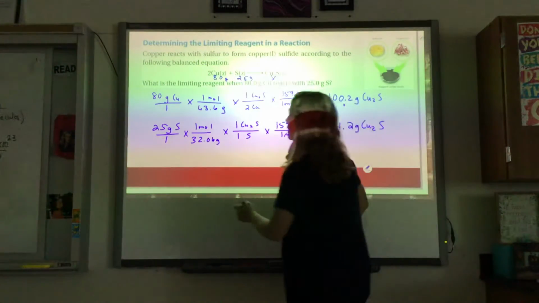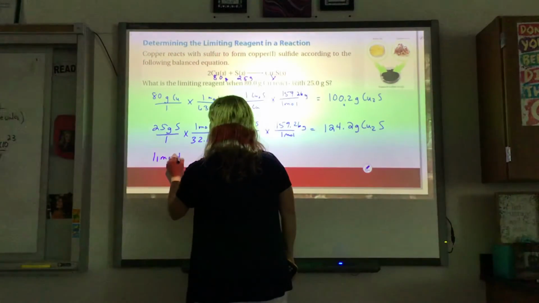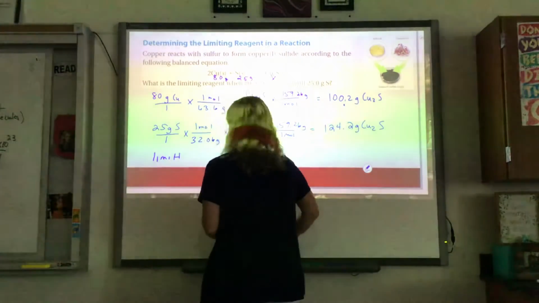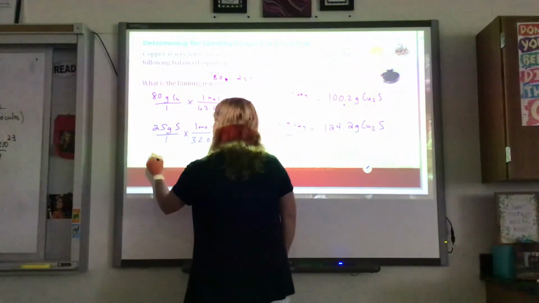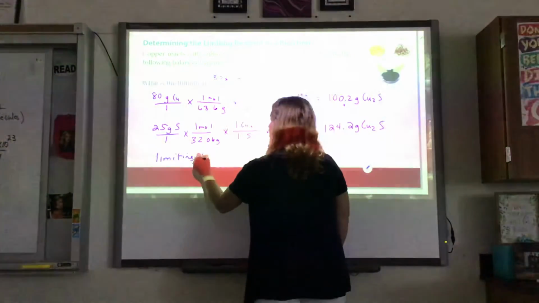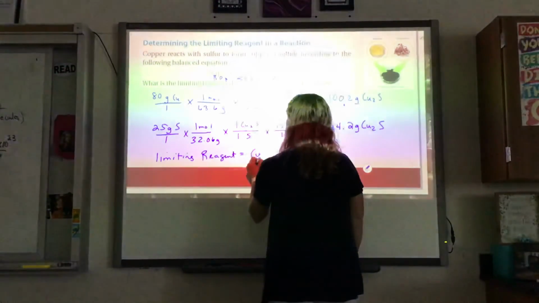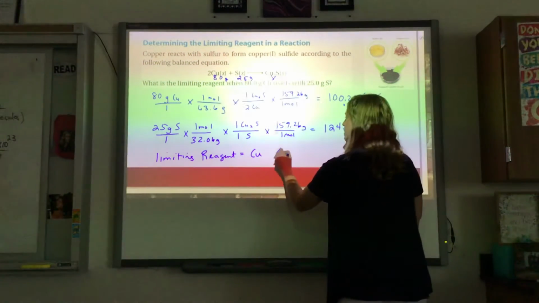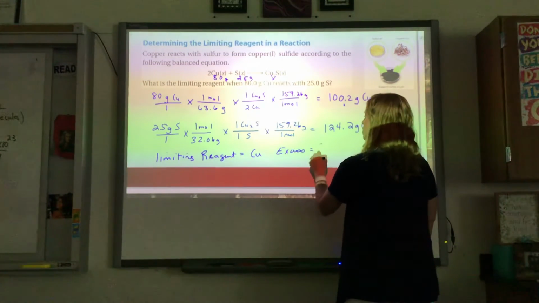So my limiting reagent is going to equal the copper, and my excess is going to be the sulfur.